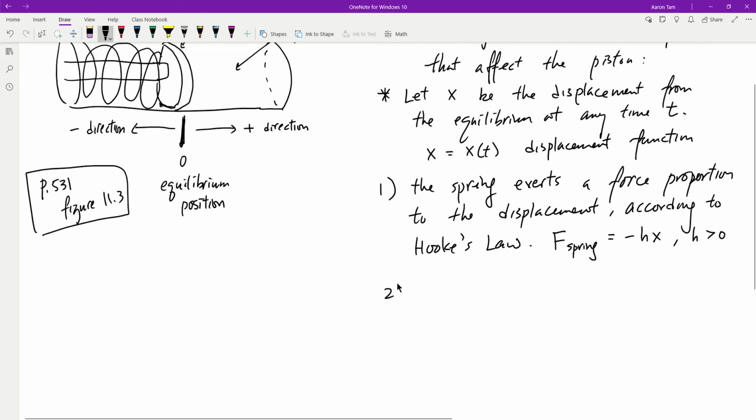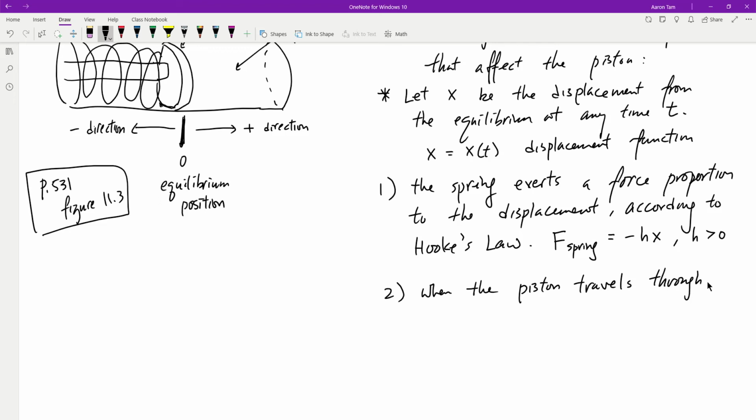Two. When the piston travels through the fluid, the fluid will offer some kind of resistance based on what type of fluid it is.